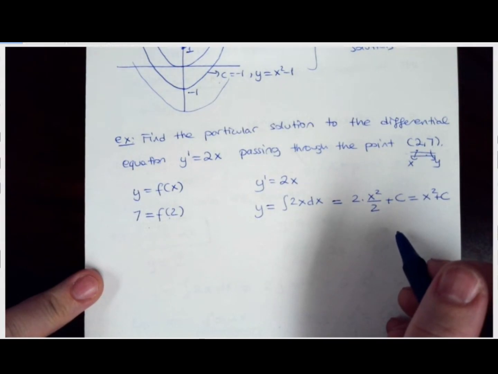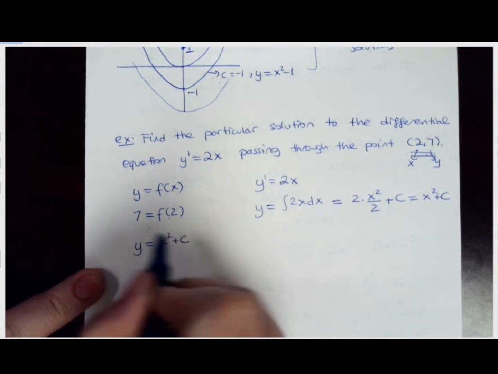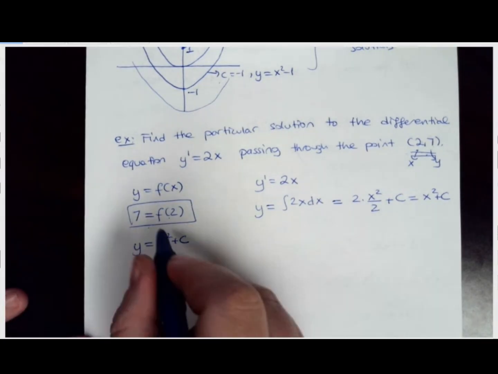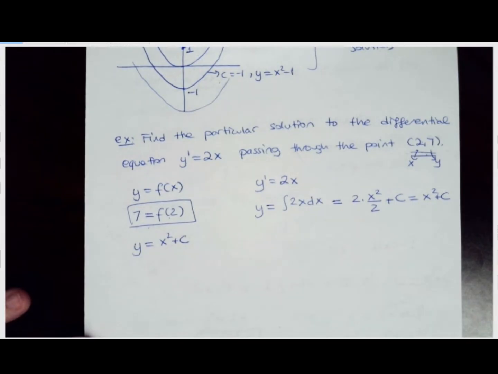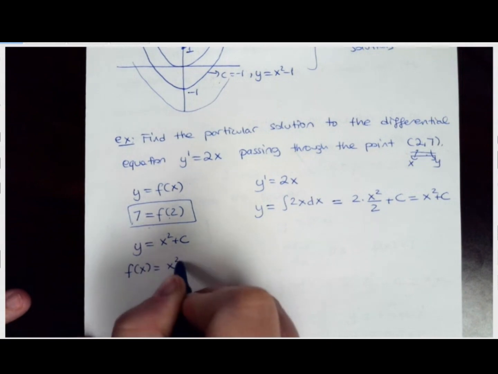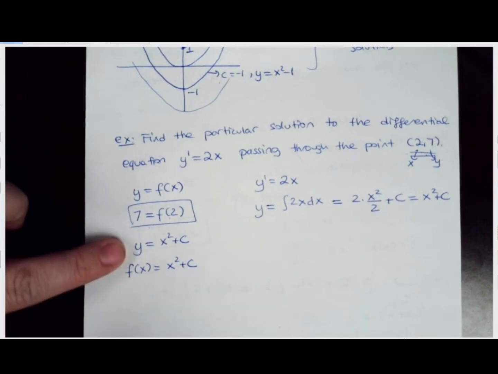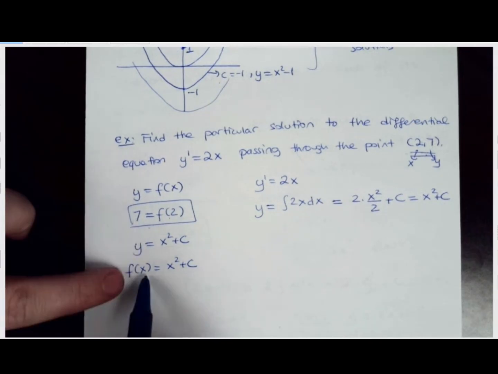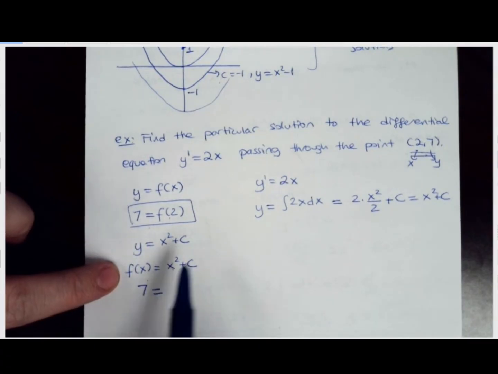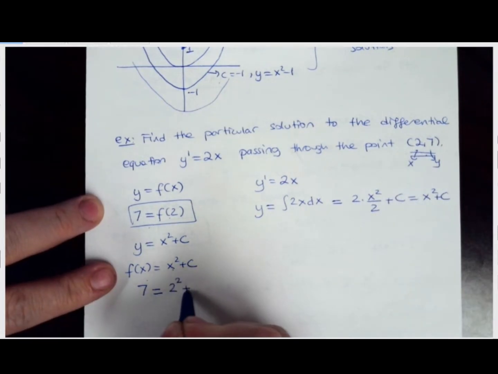Now let's write the general solution and use this information to find the value of c, what c has to be. You can also say f of x equals x squared plus c, the same thing, whichever you prefer. So y, or f of 2, would be 7 when you plug in 2 for x. So it's going to be 2 squared plus c.